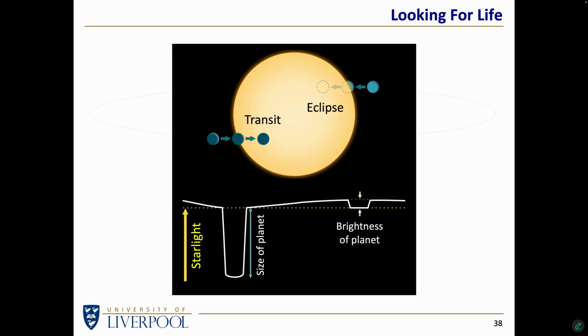How do you go about looking for life when you're looking for exoplanets? Well, remember, exoplanets can transit in front of a star or go behind the star. And if you look at the spectrum of light from the star and the planet, even if you can't see the planet, if you look at the spectrum of all the light that's coming through, when the planet goes behind the star, you lose the light from the planet and the spectrum changes.